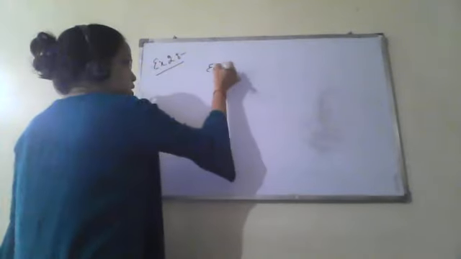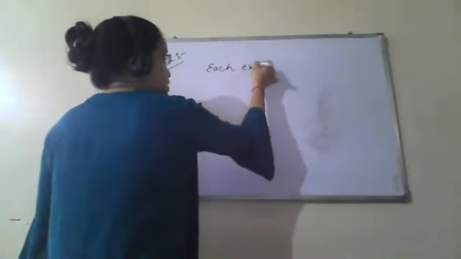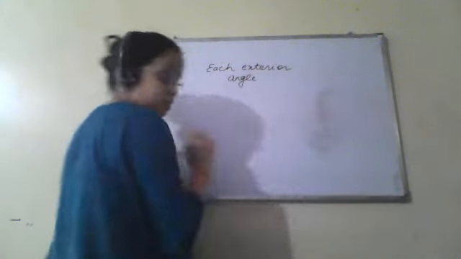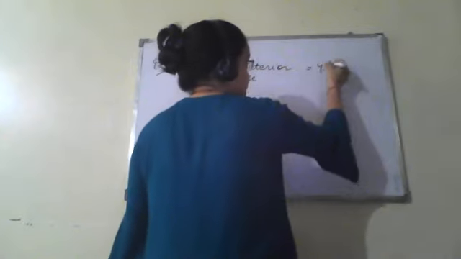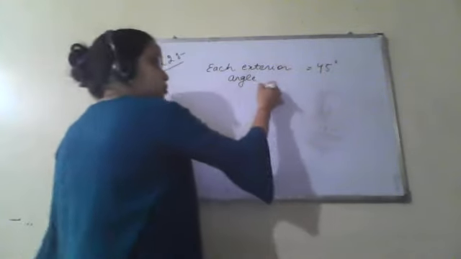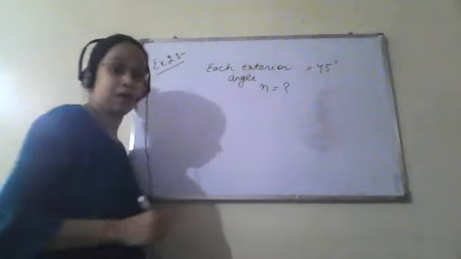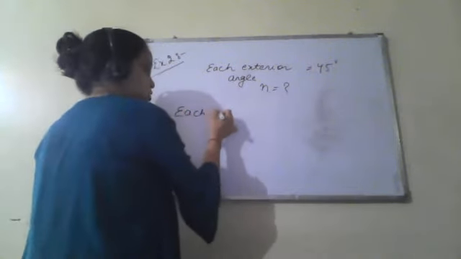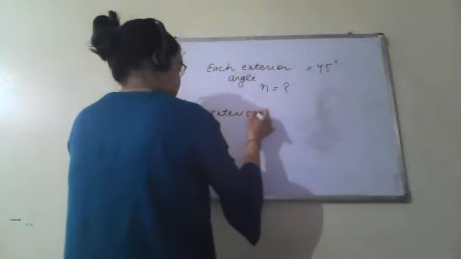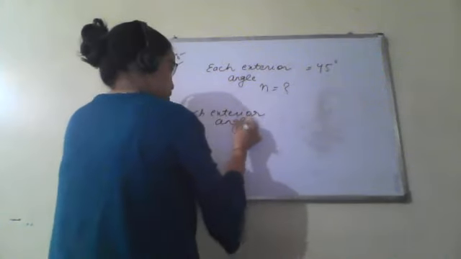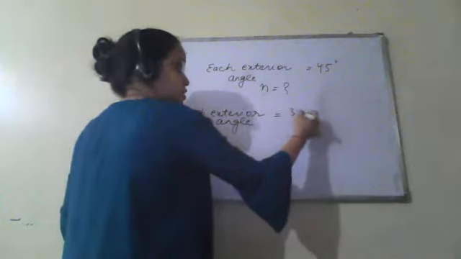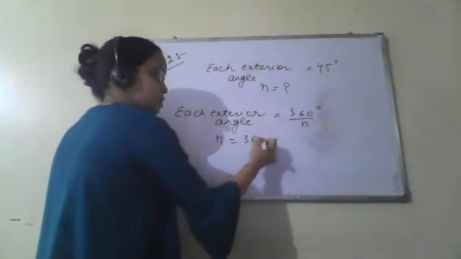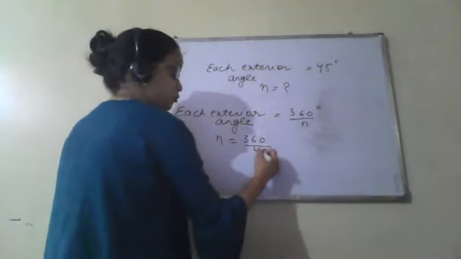In this case, each exterior angle has been given to us, that is 45 degrees, and we have to find the number of sides, that is, we have to find n. Each exterior angle, as I have explained, equals 360 upon n. So n will be equal to 360 upon each exterior angle, that is 45.